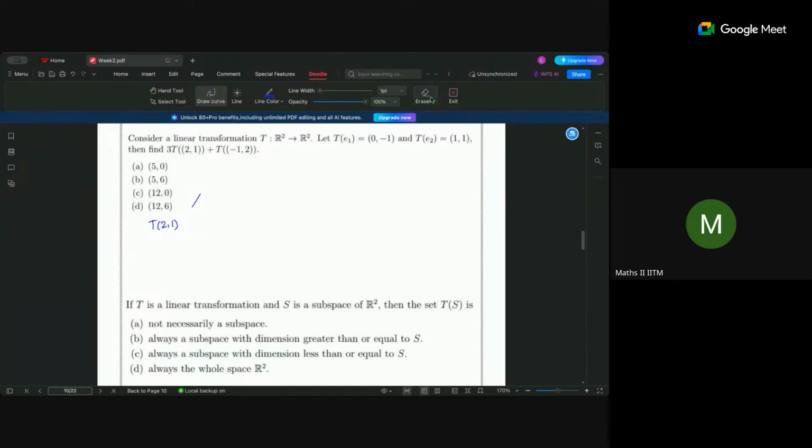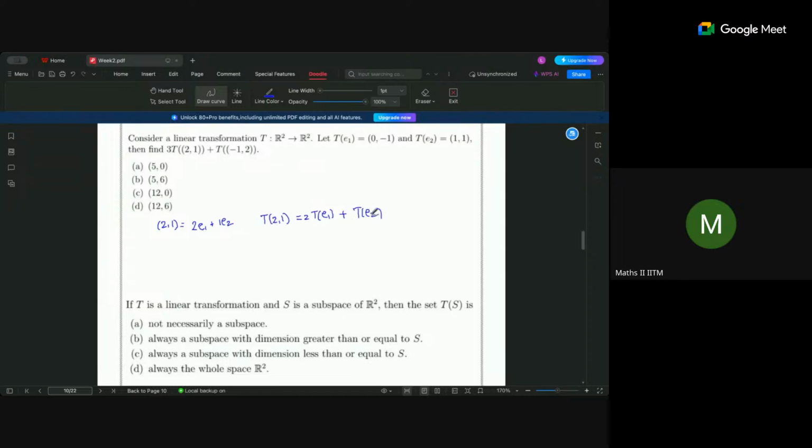Okay. First of all, how will you write (2, 1) in terms of the canonical basis? This is 2 times (1, 0), yeah. So 2 times e1 plus 1 times e2. What is then T of (2, 1)? 2 times T of e1 plus 1 times T of e2.